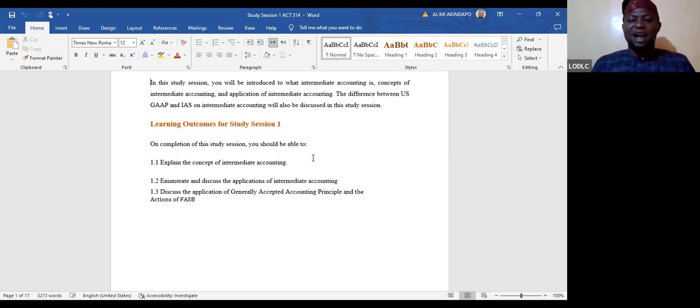The sentences there are succinct and clear. They are measurable as well. Do you understand? And they are meaningful and can be achieved within the time frame. So that is what the learning outcomes are telling us. Students are expected to achieve the following at the end of this particular course. So that is that about the learning outcomes.